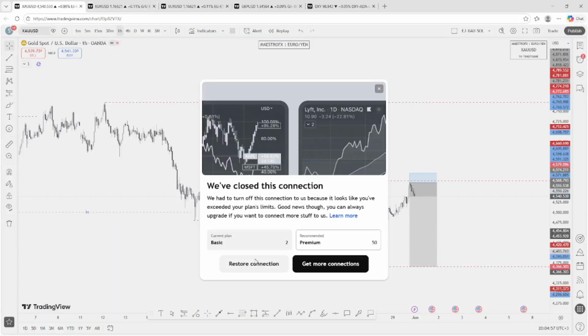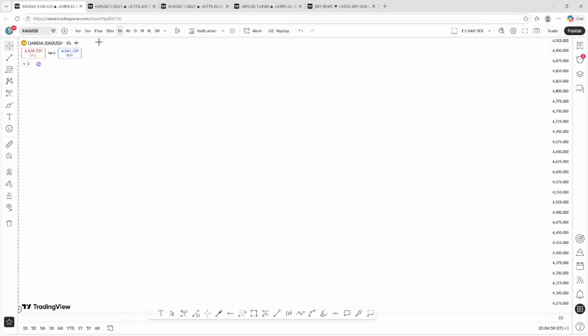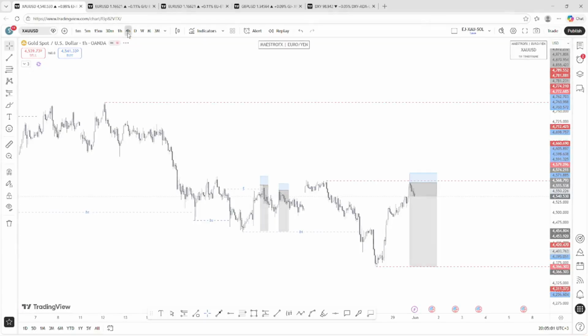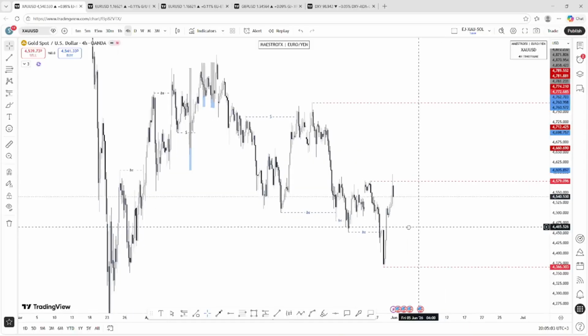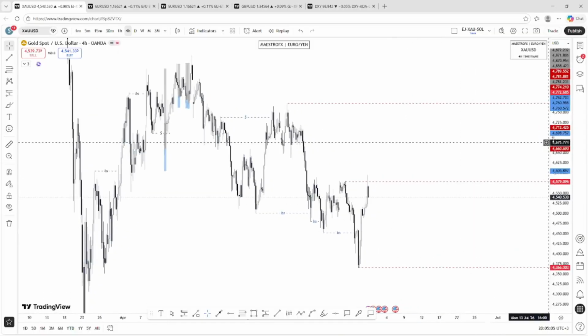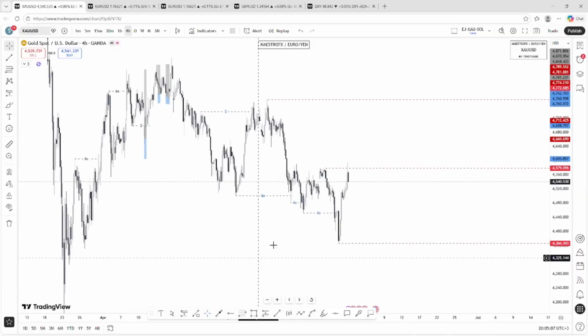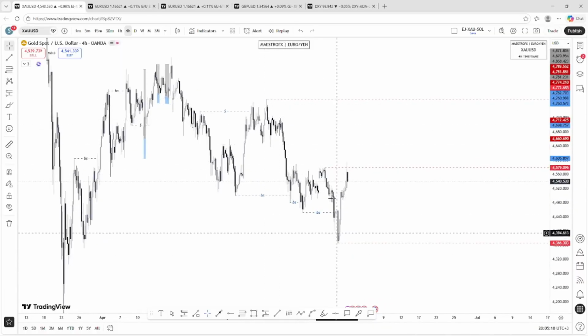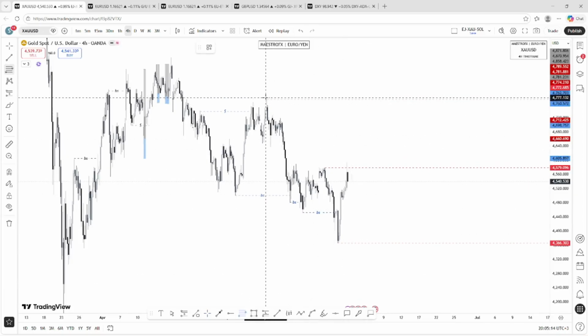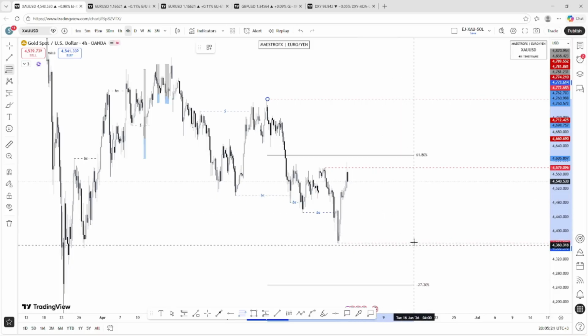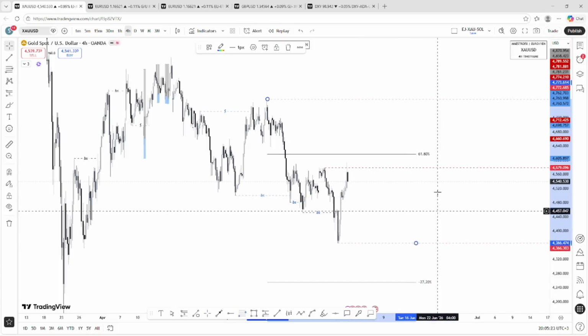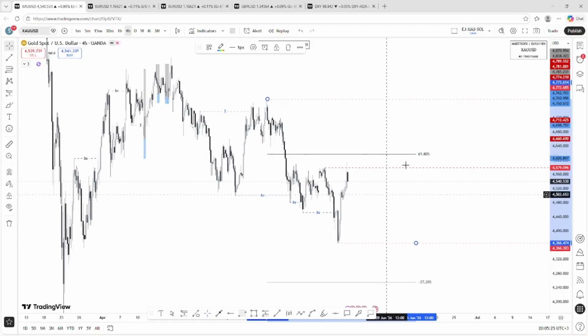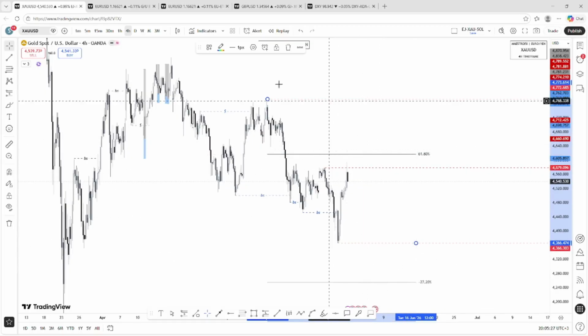Let's look at gold. What do we have with gold? As you can see on gold, we have talked about this leg and this correction for almost, I think right now, almost 2 weeks, and it is possible for us to have this correction to these areas before it continues further.